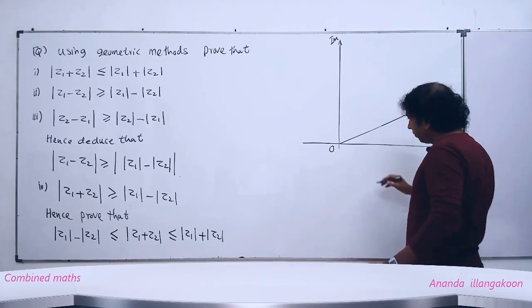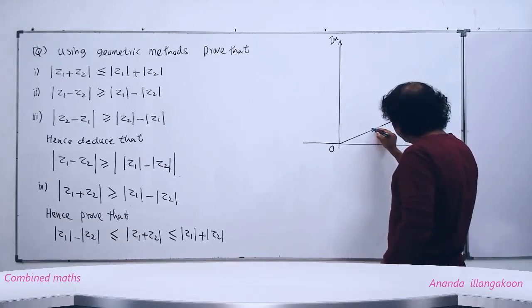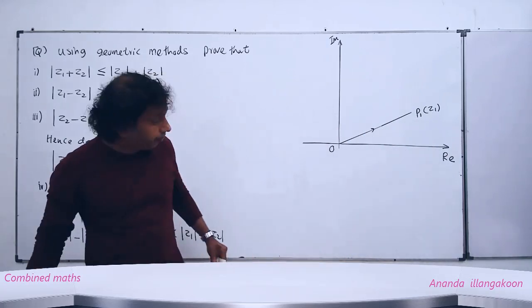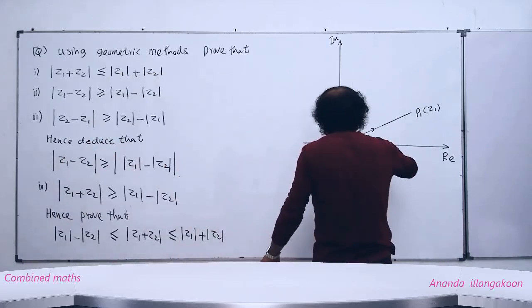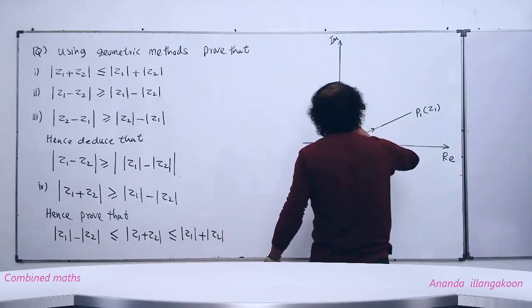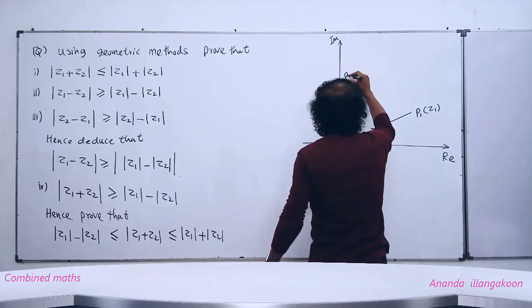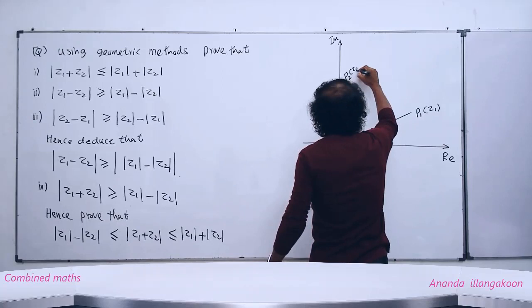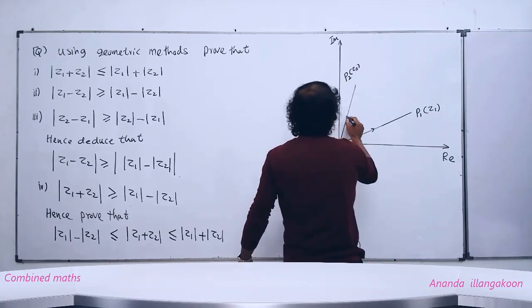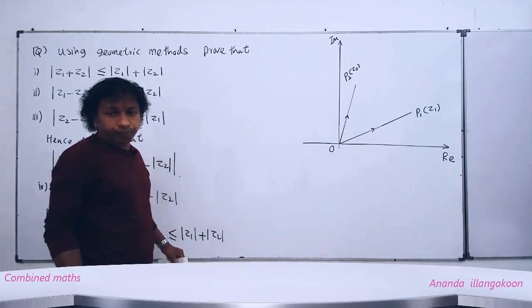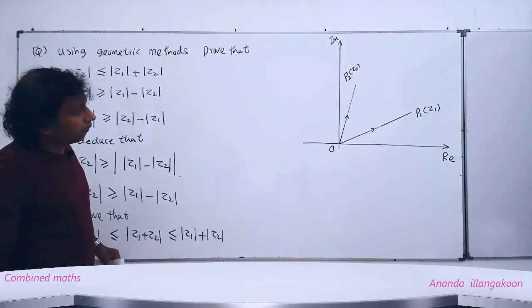Then this is the line segment. We said that complex numbers have vector properties, right? And the other one, this is Z2. Suppose the point is P2, complex number is Z2. Then we can put this arrow like this. That gives the OP2 line segment representing the complex number Z2.